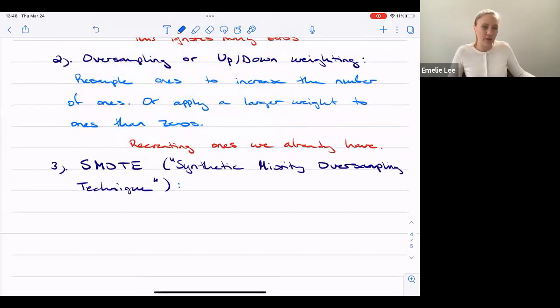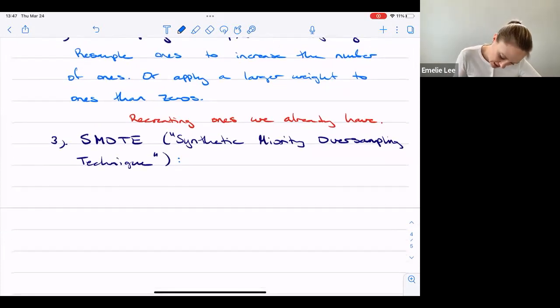And in general, what it does is it generates a fake record for the ones based off of its nearest neighbors. So it looks at, okay, what was the predictor for X1 for these guys? I'll randomly pick one of those, and then one of these, and one of these. And so we're generating data that's based off of data that we already have.